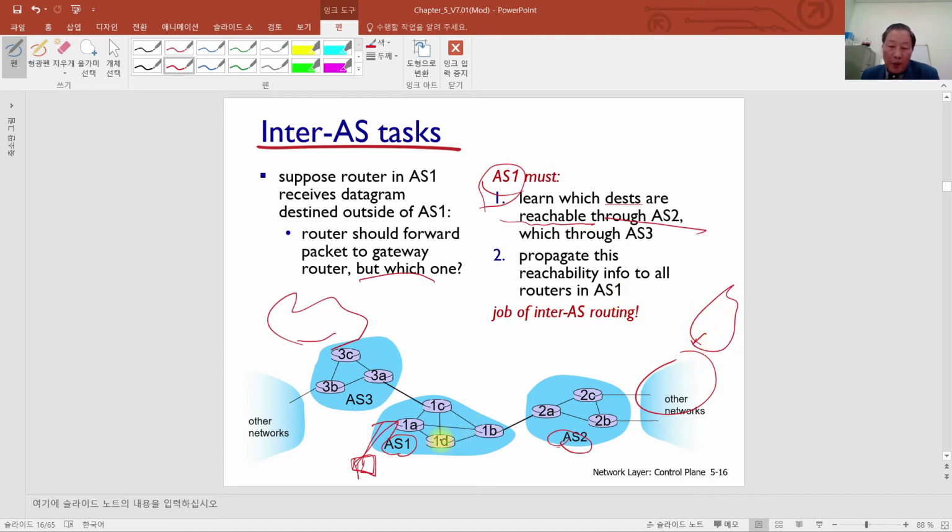We have some information that is called reachability information, and we propagate this reachability information to all routers in AS1. That is the job of the inter-AS routing protocol. The next slide will discuss a little more about that.